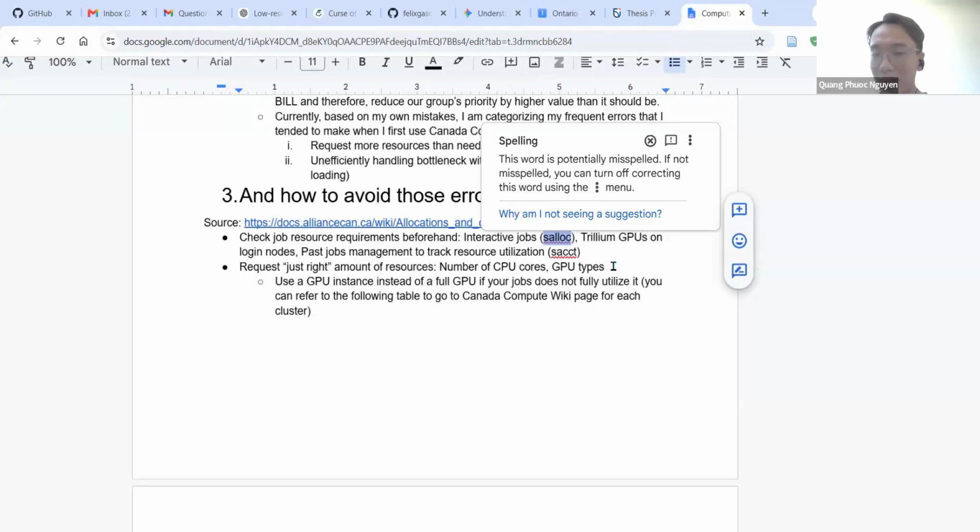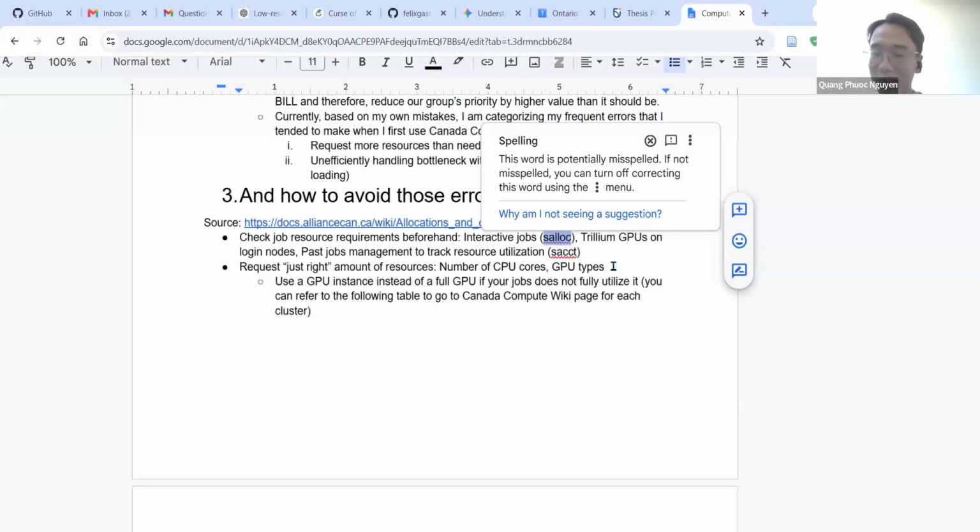But these two interactive debugging options can be inconvenient in some ways.